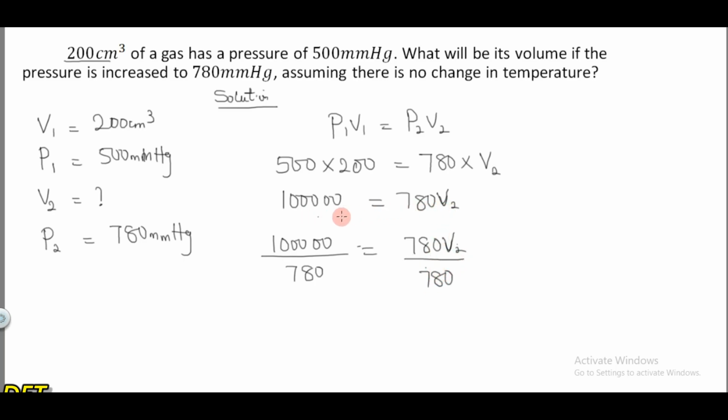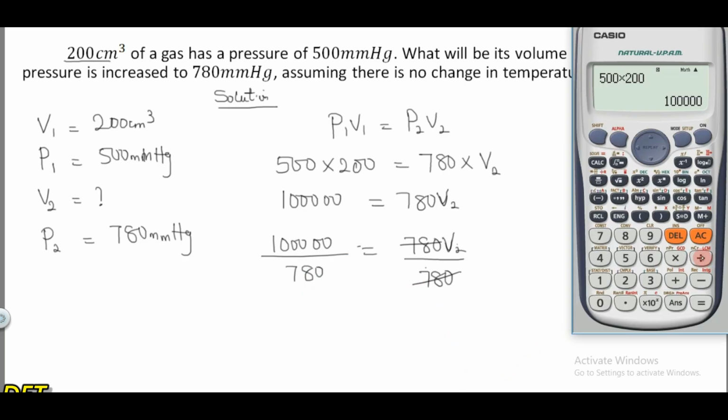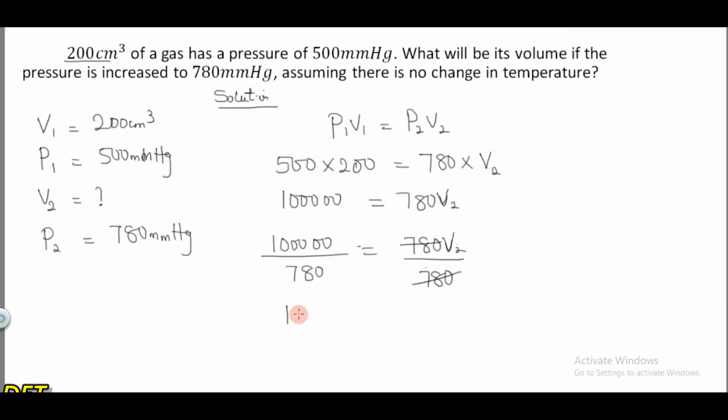So what I did is just to divide both sides of the equation by the coefficient of this V2, which is 780, so that the V2 can stand alone. So this 780 will cancel out this 780 to make this V2 stand alone. So 100,000 divided by 780 will be equal to 128.21.